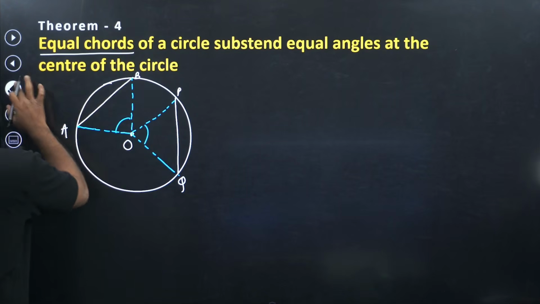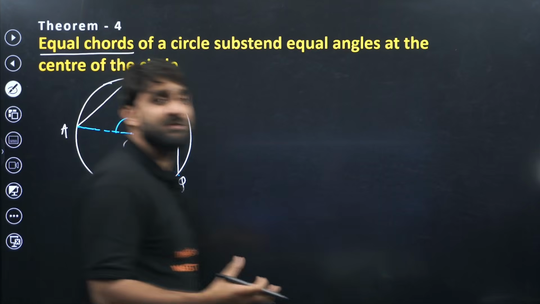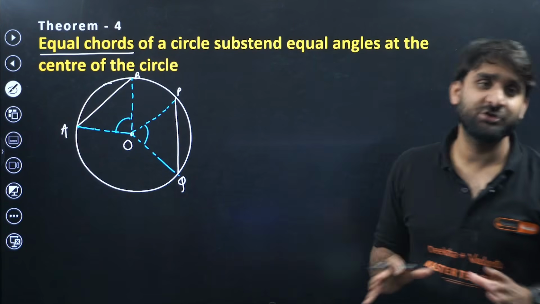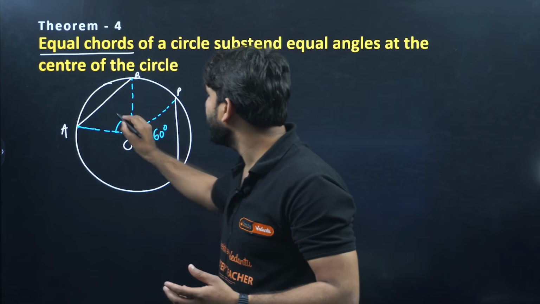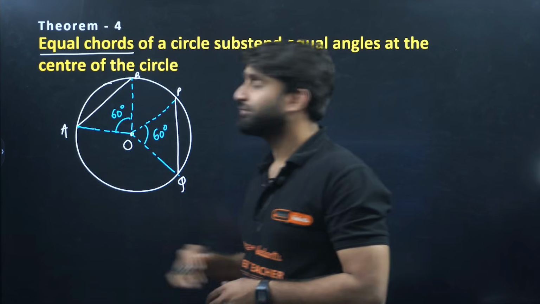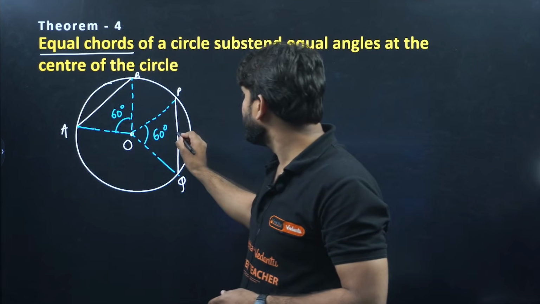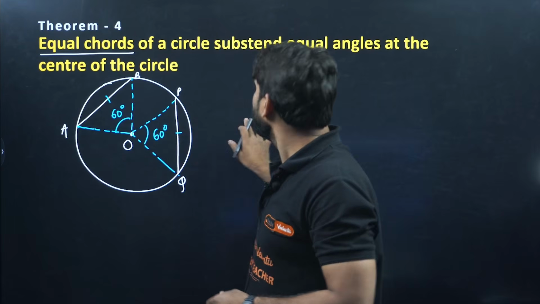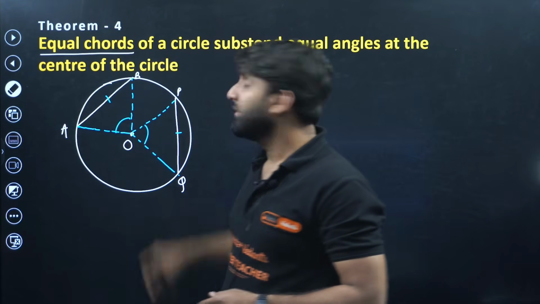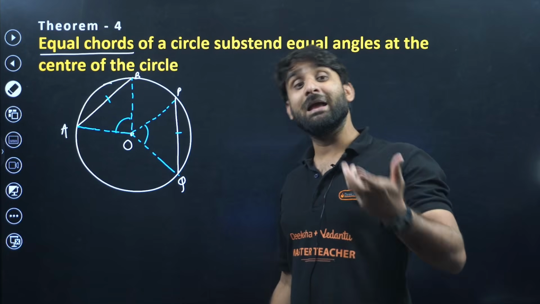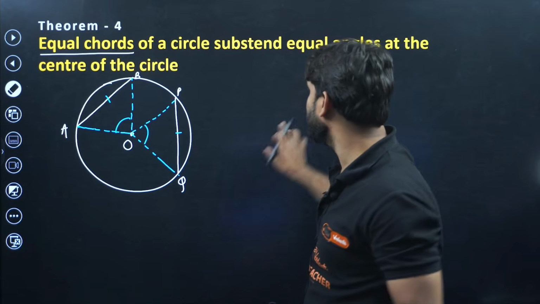So equal chords subtend equal angles at the center. For example, if this is 60 degrees, then it has to be 60 degrees because both the chords are similar. So we can prove it also. If the question comes like prove that equal chords form equal angles at the center, how to prove? Listen, champion, we can prove it.